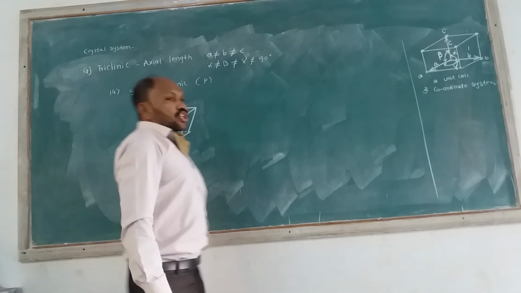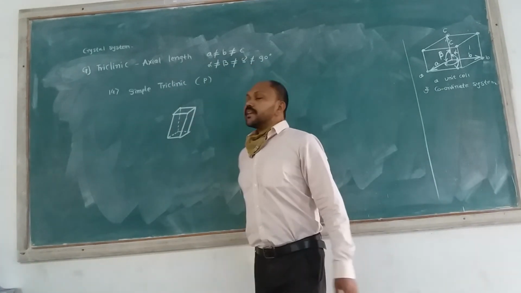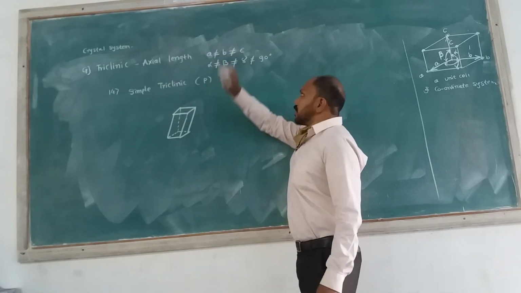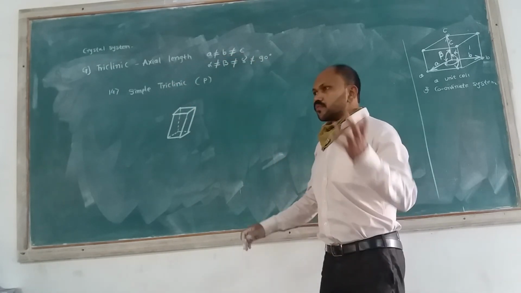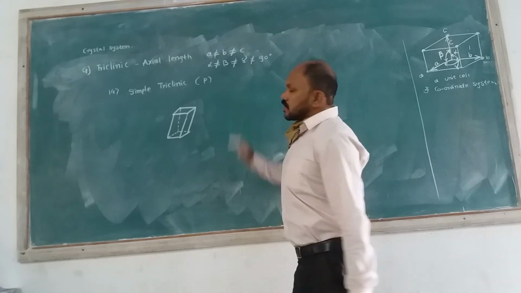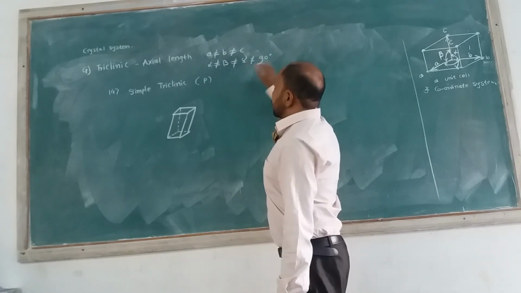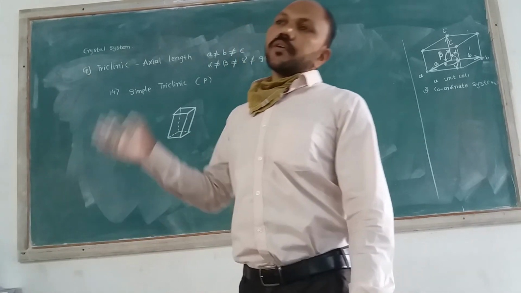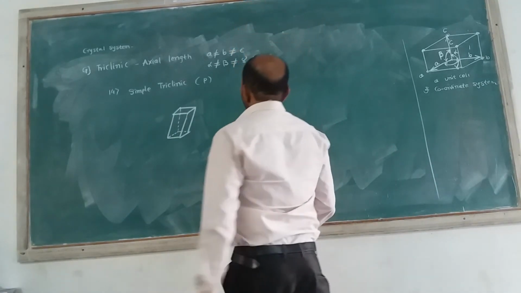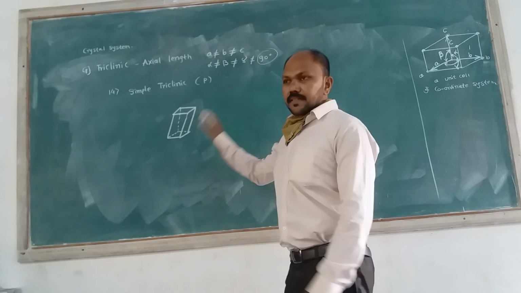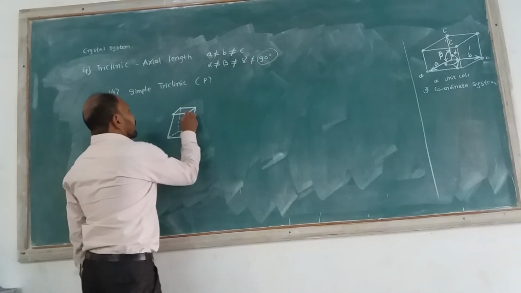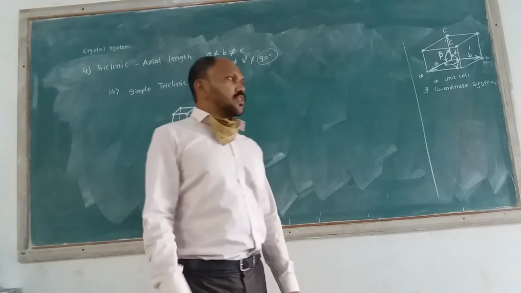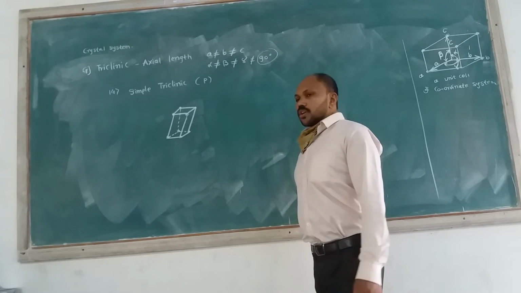So this is the last type of crystal system, the triclinic crystal system. If we consider the axial lengths, A is not equal to B, B is not equal to C, and C is also not equal to A. All the distances are not equal. If we consider the angles, alpha is not equal to beta, beta is not equal to gamma, and gamma is not equal to 90 degrees. So each angle is different from 90 degrees. This is the main feature of triclinic. And if atoms are only at the corners, it is called a simple triclinic structure.